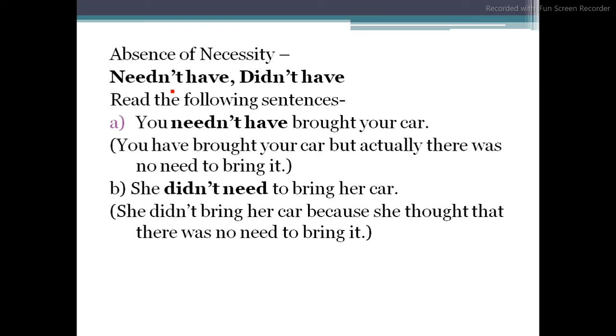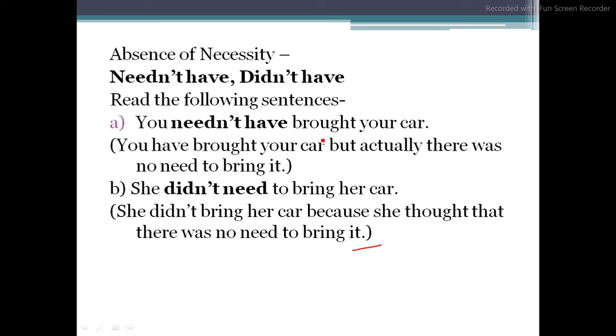Now absence of necessity, need not have, didn't have. Read the following sentences. You need not have bought a new car. You have bought your car, but actually there was no need to bring it. She didn't need to bring her car. She didn't bring her car because she thought that there was no need to bring it. Now absence of necessity, wherever the things are not necessary, we're going to use need not have or didn't have. Examples are here.